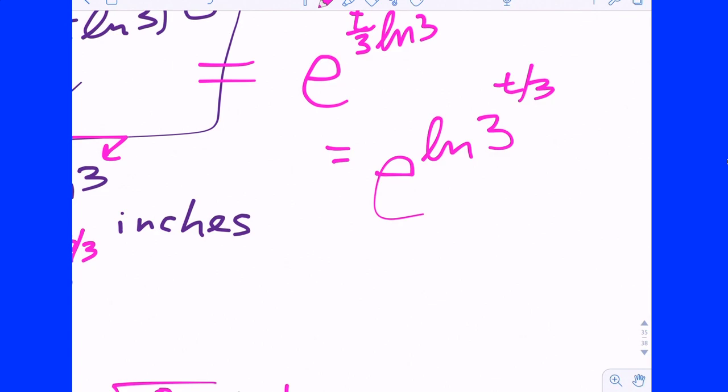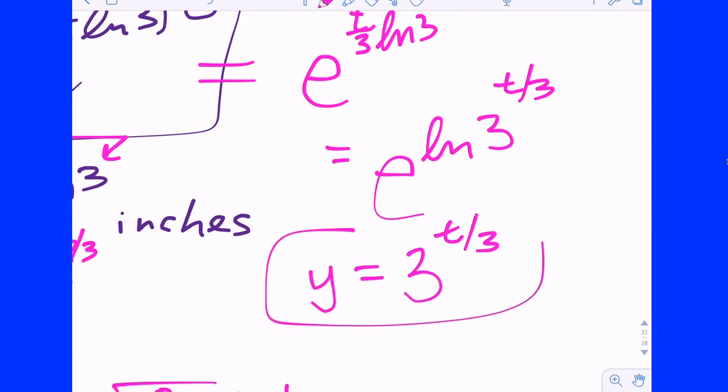And now e to the natural log of blob is blob. So this is maybe a more convenient way to write the equation. Sometimes we can get information that lets us write the equation directly like that, but at least if we wanted to use it repeatedly, we could do that.